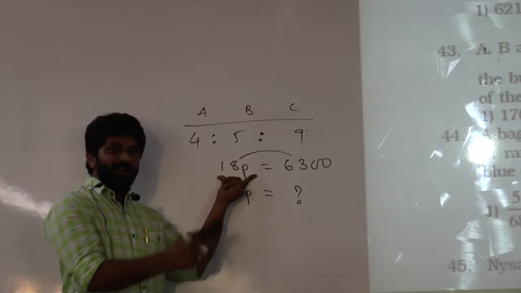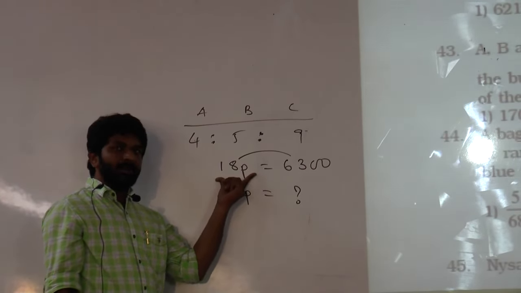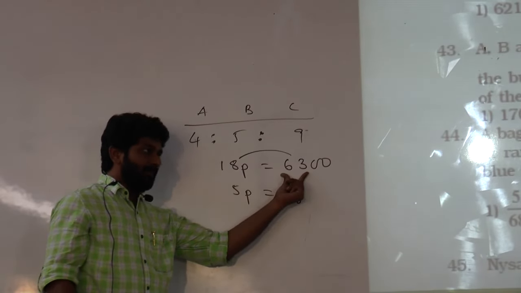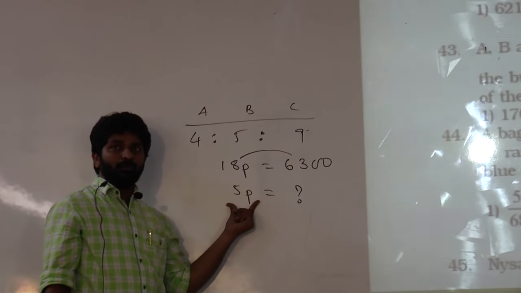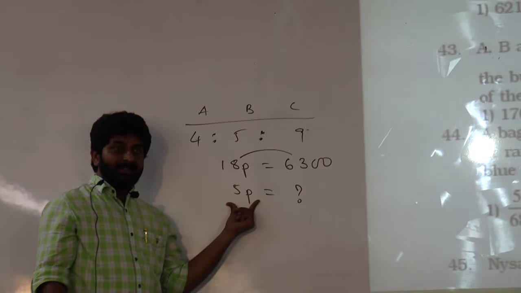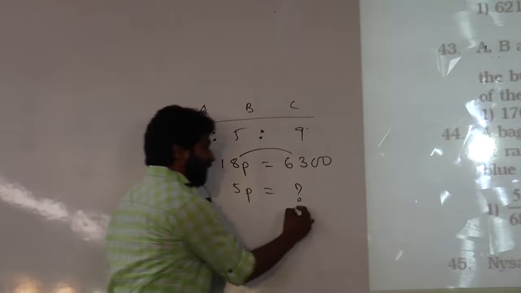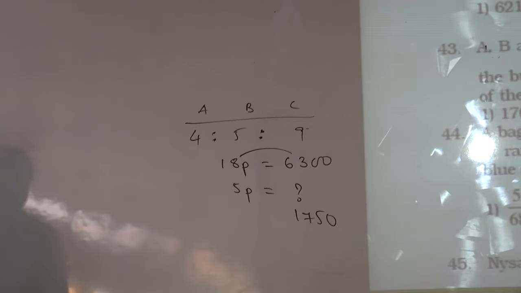So this number divided by 2, into 7, into 100. Yes? This number divided by 2 into 7: 2.5, 7 times, 17.5. 17.5 into 100, 1750. Or else you need to go for cross multiplication, which takes time.